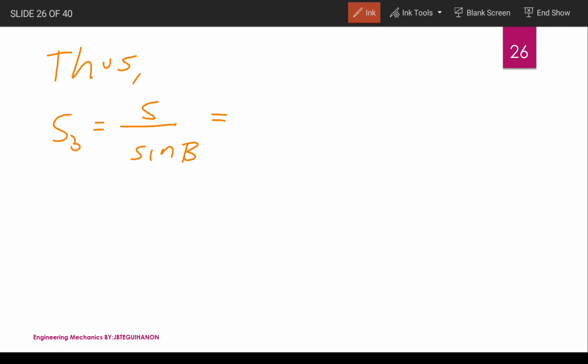That is 1.73 S. Plug in mo yung value ng S, then you will have 895 Newton.